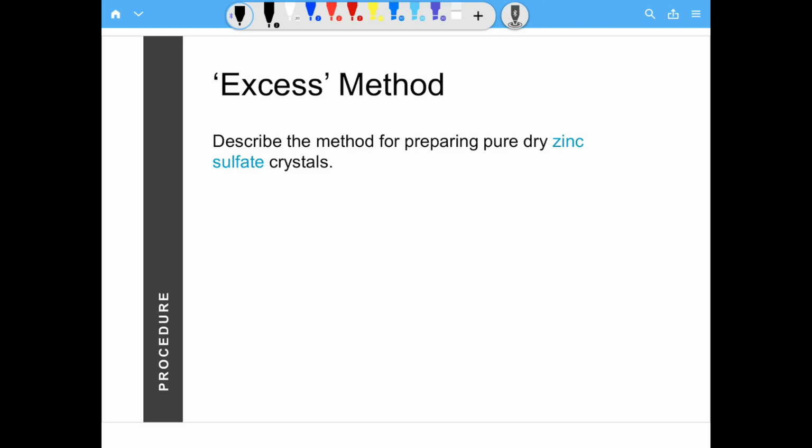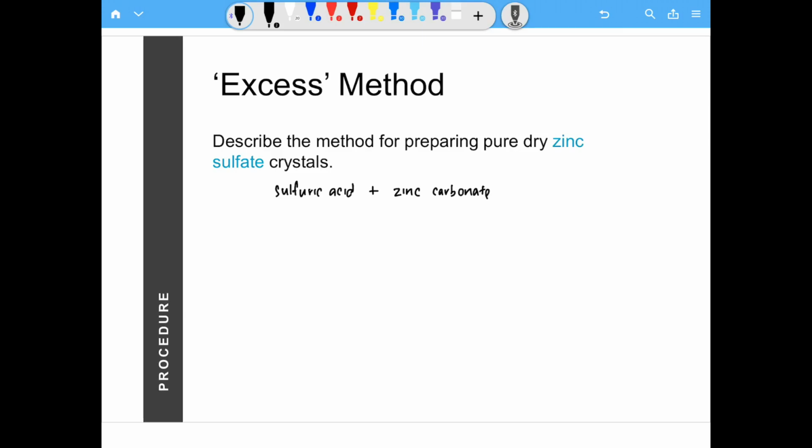Suitable starting reagents would involve an acid and an insoluble solid. For zinc sulfate, the acid that we'll use is sulfuric acid. For the insoluble solid, there are three possible options: you can use zinc, zinc oxide, or zinc carbonate. In this case, I would use zinc carbonate.